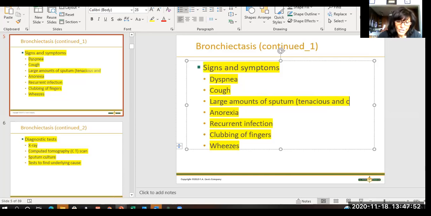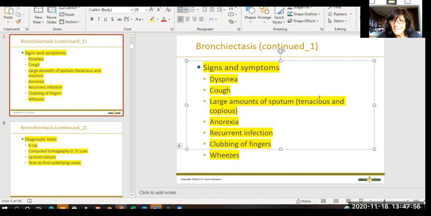Tenacious and copious, okay? What does that mean? Tenacious is thick. Copious is a large amount. So this way you familiarize yourself with the words, okay? So it's thick and lots of sputum. That's hard to get out, okay?